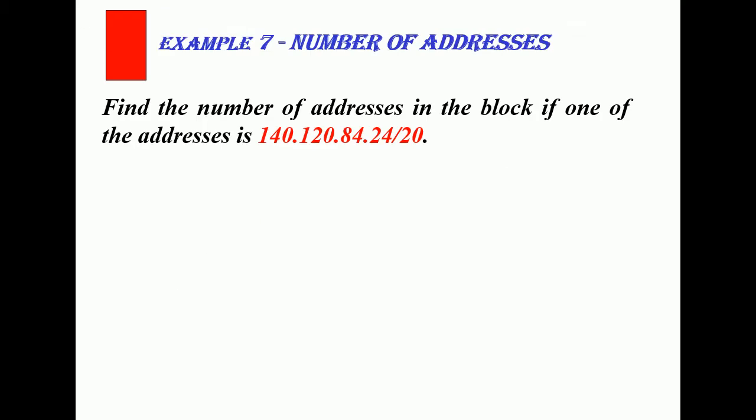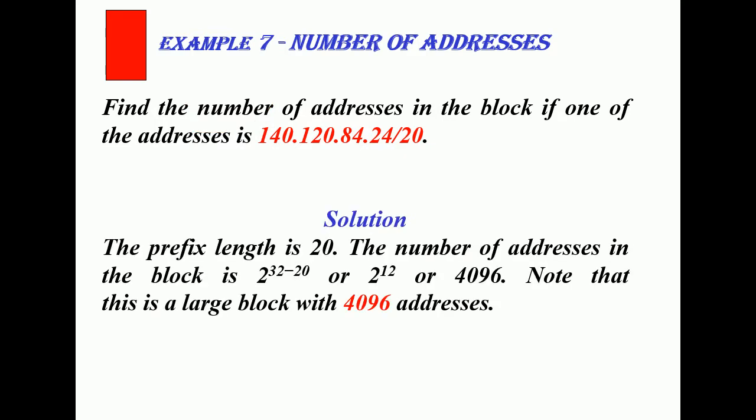So now the next question. We have seen three methods to calculate the first address of a given block. Now find the number of addresses in a given block, and the given address is this. A simple formula is there. The prefix length is 20, and we know the total address space is 32 bits.